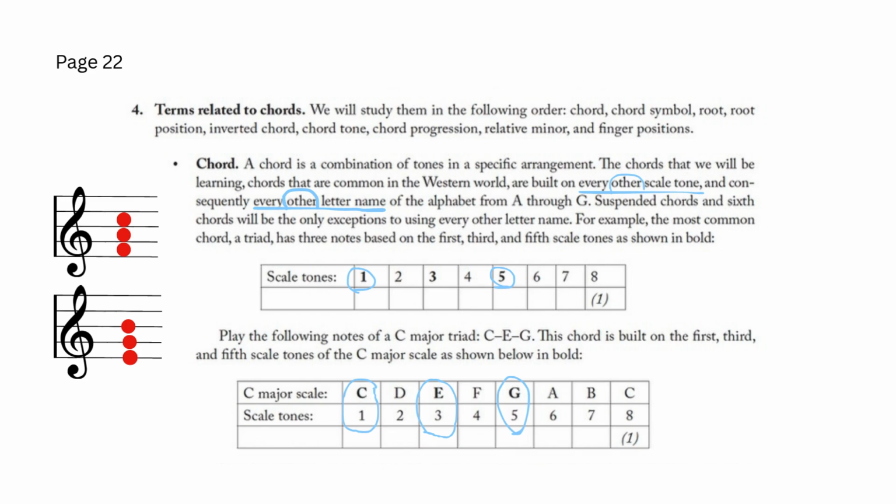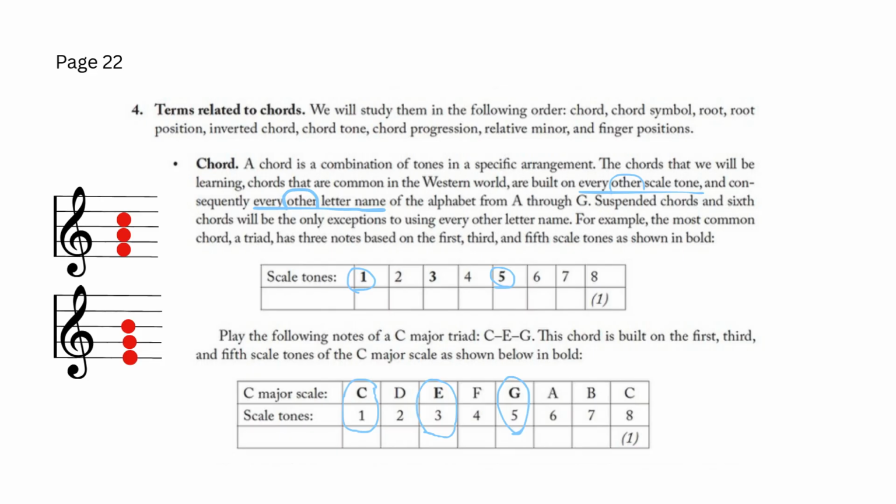The chords that we will be learning, chords that are common in the Western world, are built on every other scale tone, and consequently, every other letter name of the alphabet from A to G. There are some exceptions, which you can read right there. So, look at that treble clef, the musical staff.